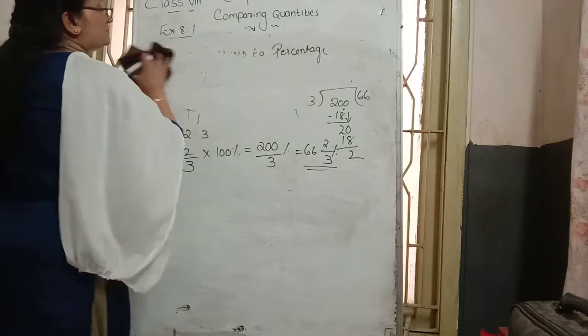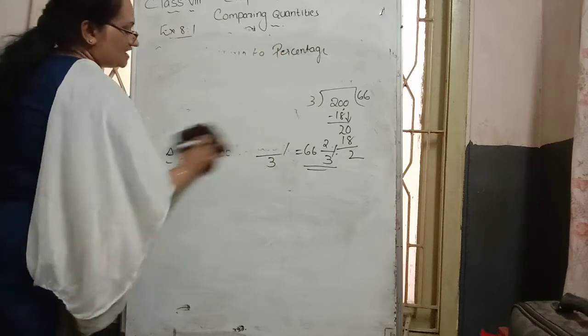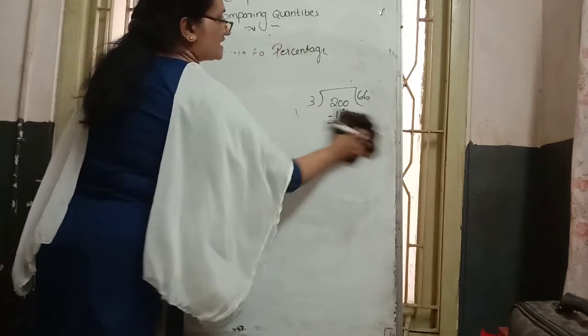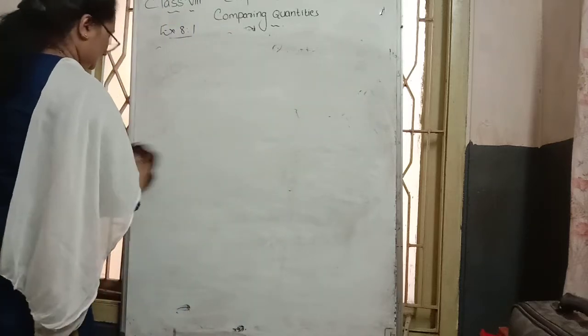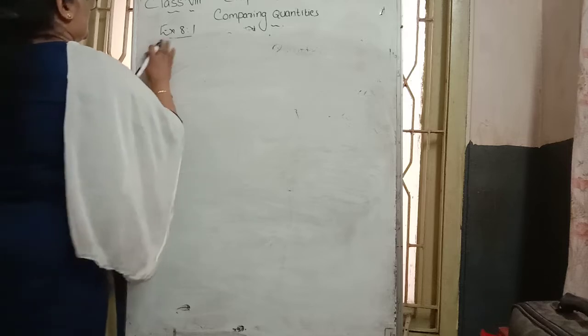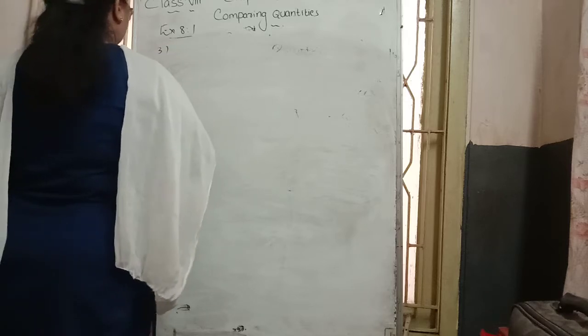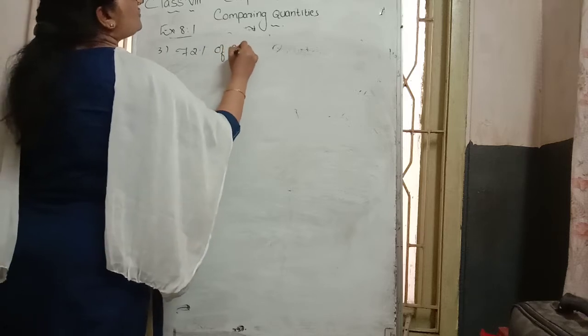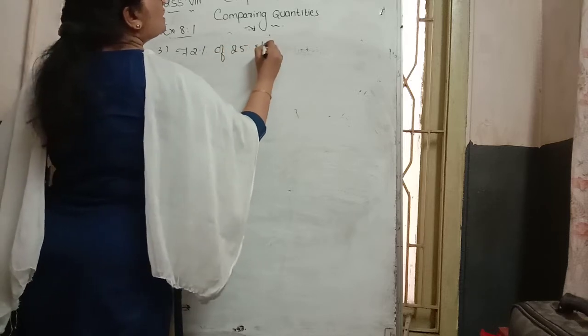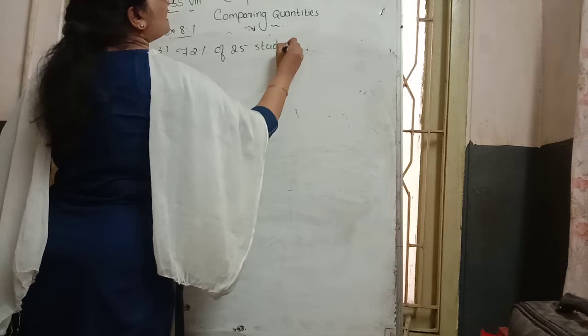Next are word problems. The first word problem says: 72% of the 25 students in a class. So 25 students are there.